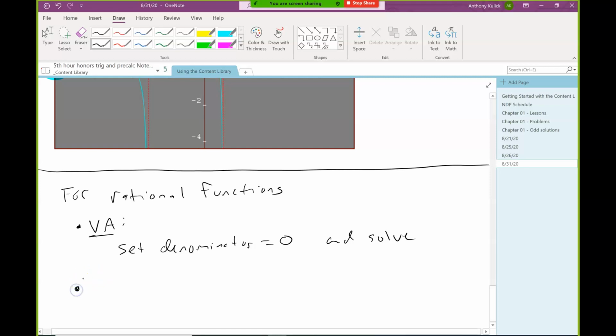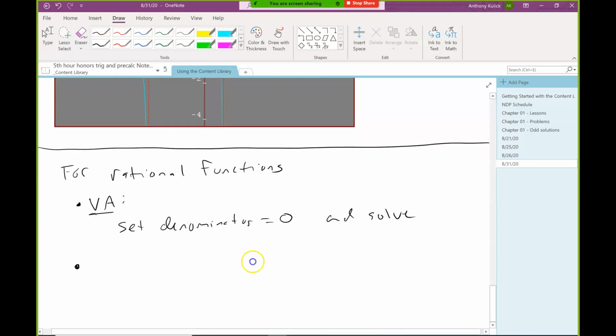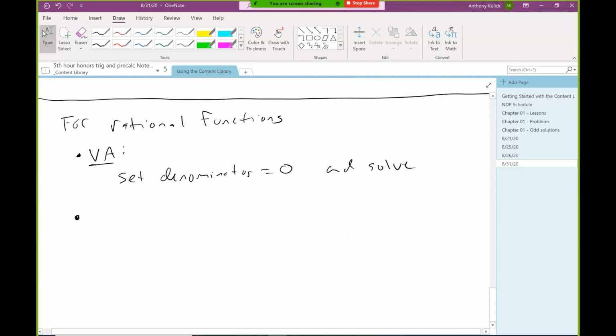So regardless of how your rational function is written, the vertical asymptotes are pretty easy to find. Your horizontal asymptotes are a little bit trickier. If you have a simple rational function, something in this form, we know the horizontal asymptote is just going to be y equals k.